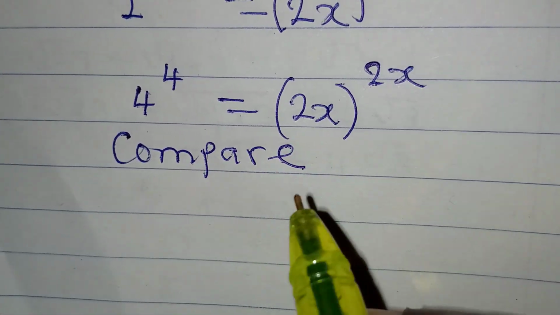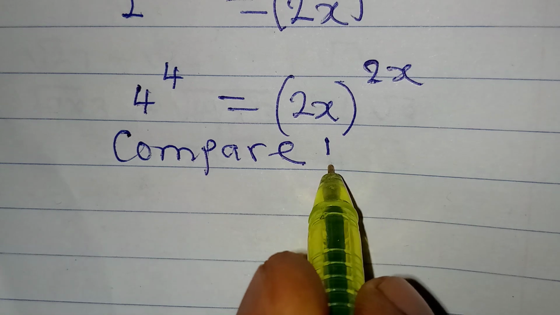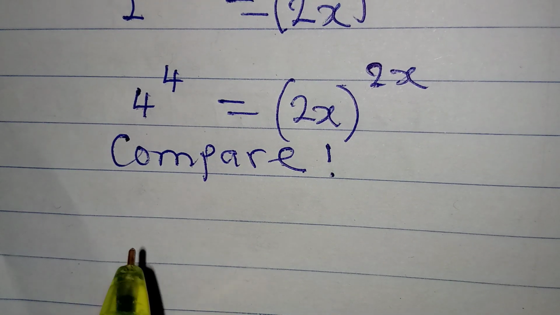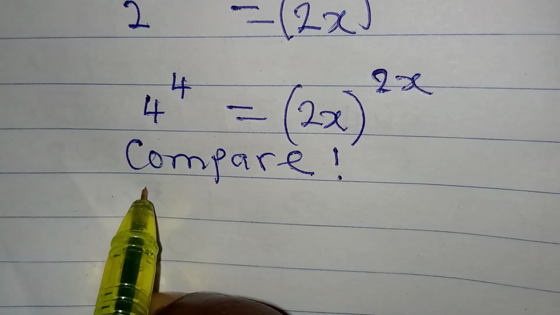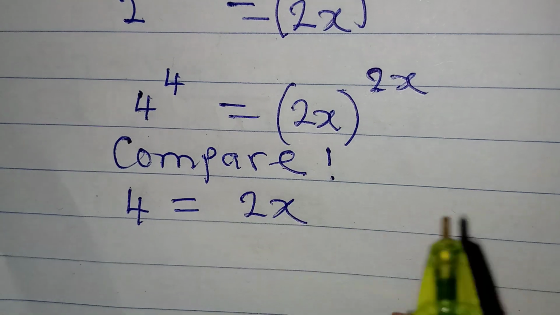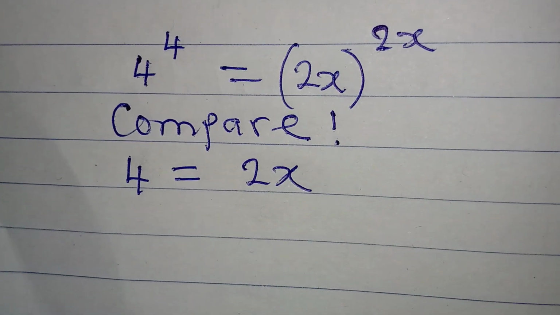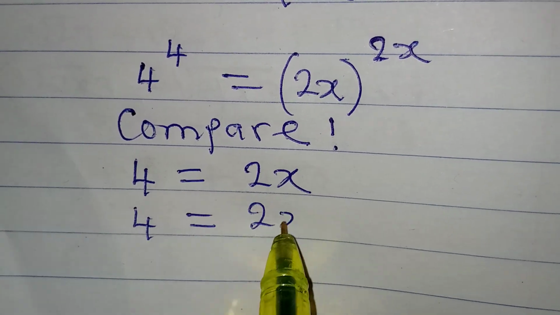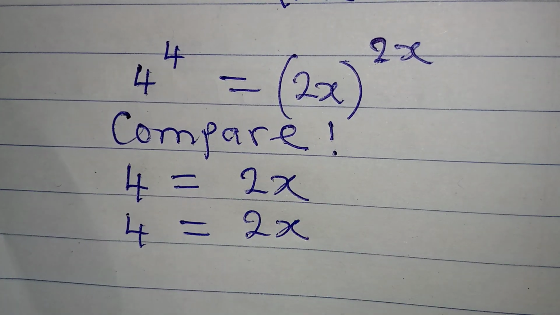From here, the next thing we do is to compare. We compare the base and we compare the powers. If we pick the bases, it means that 4 will be equal to 2x, and if you pick the powers, then you also have 4 equal to 2x. They are the same, right?